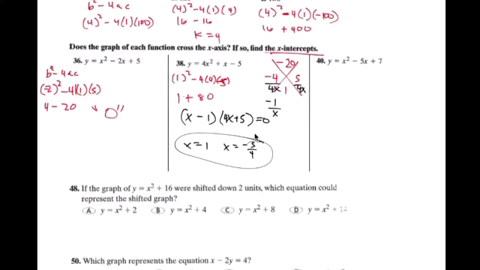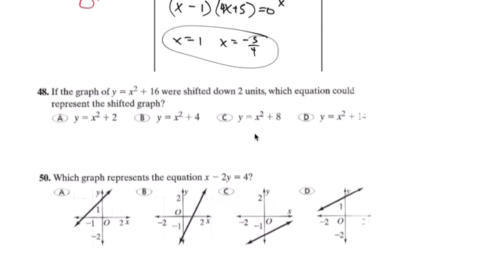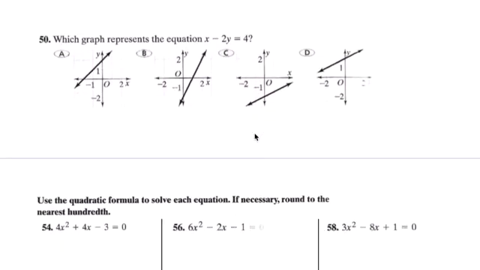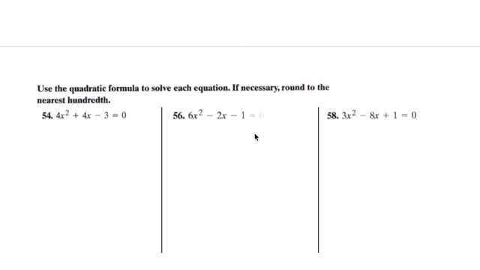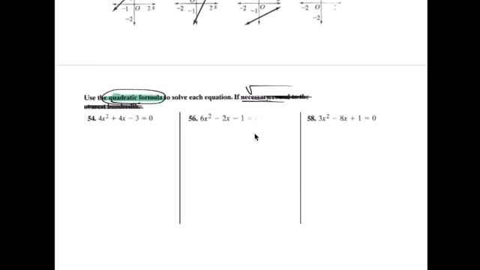So you need to figure out number 40, same thing, and answer these questions down here, making sure you graph using the quadratic equation. This is very important. It's going to be on your test. Don't round it to the nearest hundredth. Leave it in radical form, square root, because that's what's going to be asked on your test.